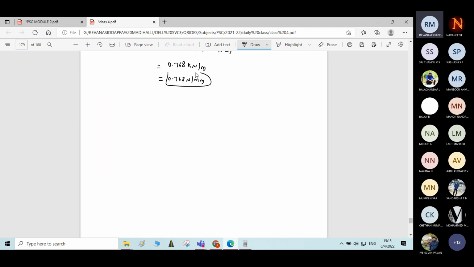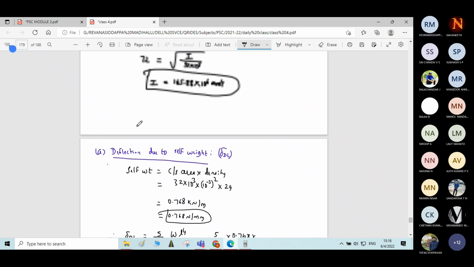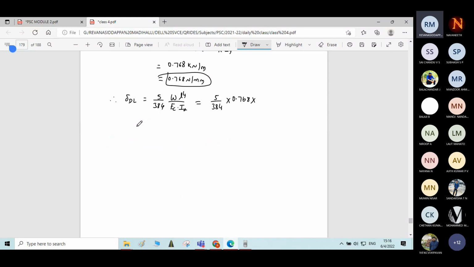Now deflection due to dead load. What is the formula? 5 by 384 W L raised to 4 by EC into IX. Now just substitute: 5 by 384 into W, which is 0.768, into the length of the beam, 8 meter, that is 8000 mm, raised to 4, divided by EC into IX.